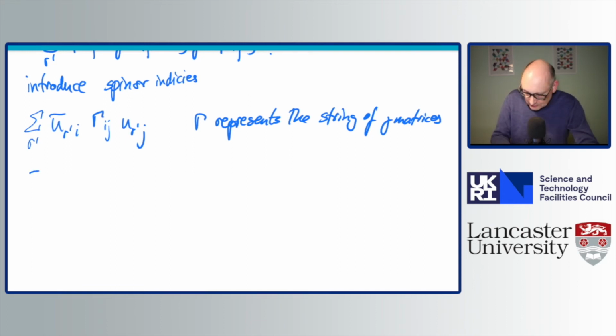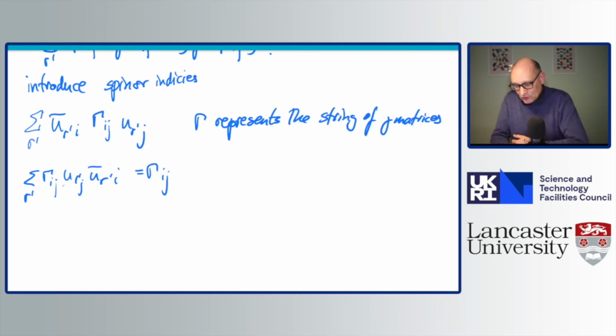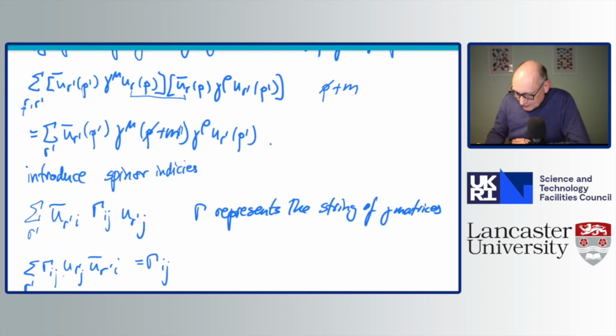So we get here the sum over R′ of Γ_ij u_R′j ū_R′i, which is equal to Γ_ij times ū u. Now, if it was summed over all spinor indices, this would give us, just like we did here, p slash plus m.